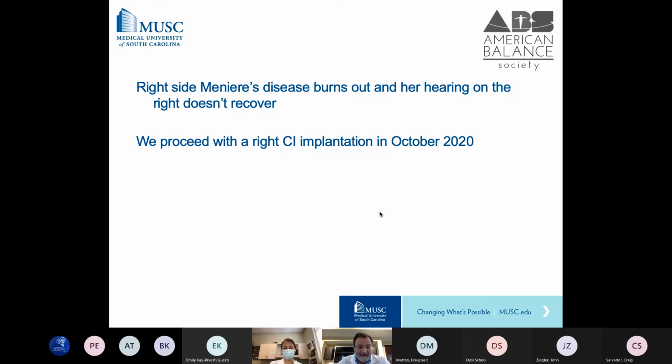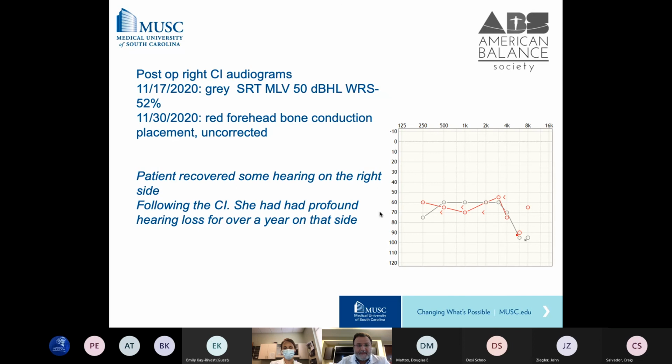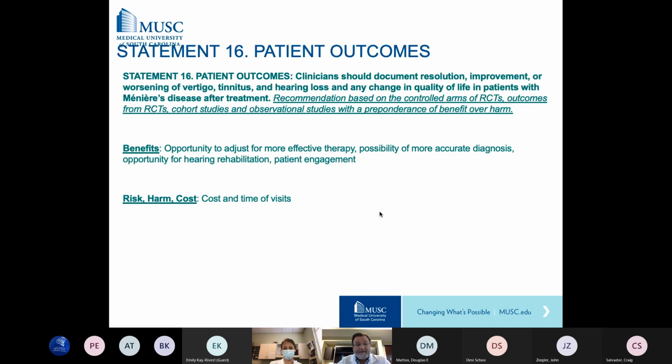And we proceeded with the right CI last year. And very unusually, her post-op audiogram following her right CI showed a recovery of hearing. We don't know where that came from. And we're actually presenting it at the Super Saturday as a case to the ANS.